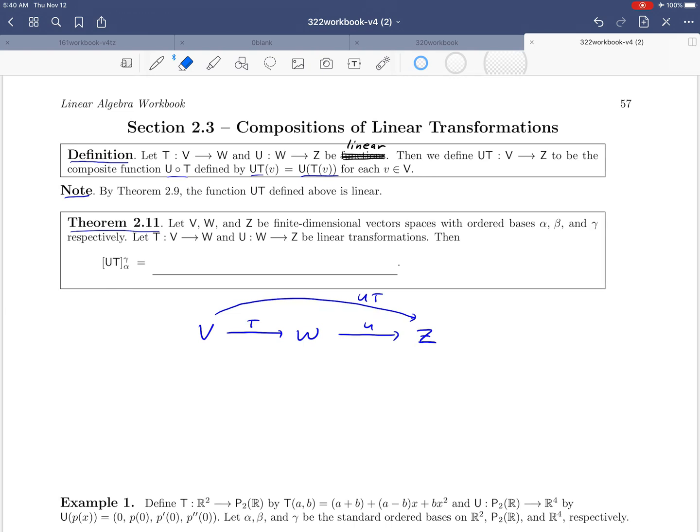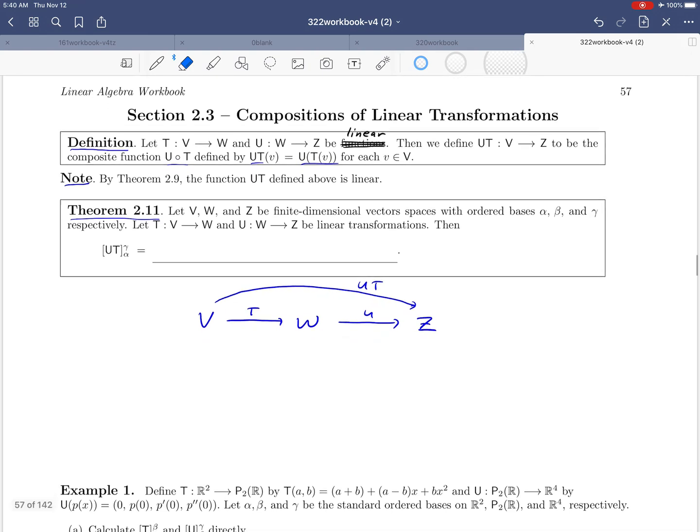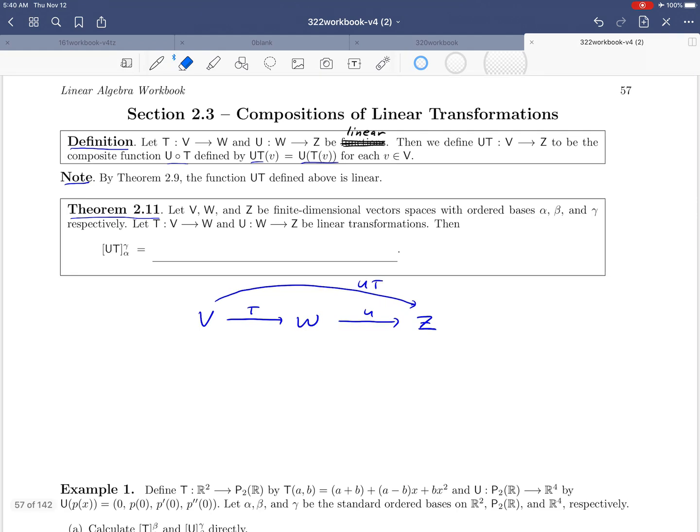To help us figure out how that matrix would break down, what we can do is to draw an analogous diagram to the one that we just drew, but this time for coordinate vectors. If you imagine taking a vector u in V, there's a coordinate vector for it relative to the basis alpha.